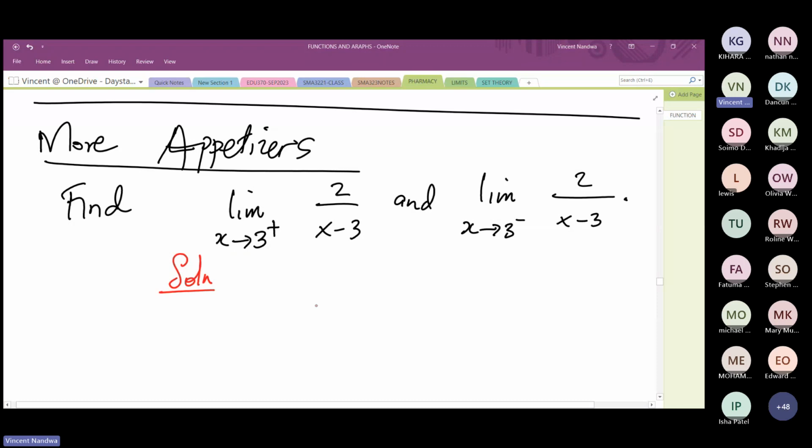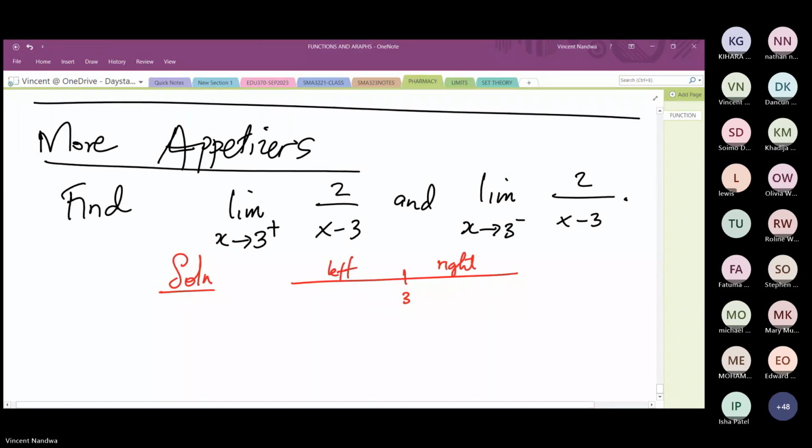So remember, just as we explained, when you are defining the left hand and right hand limits, this is what we call the left, this is what we call the right of this number 3.